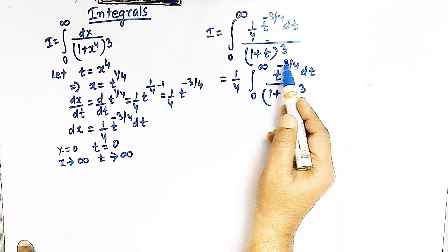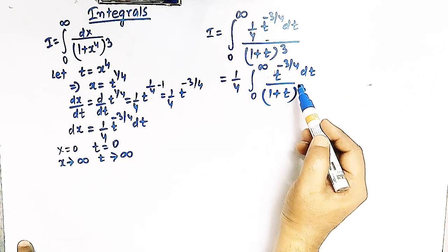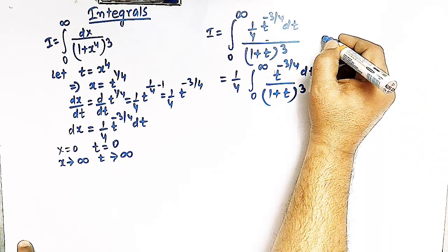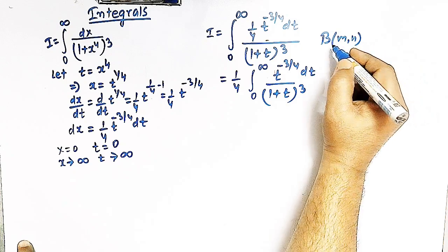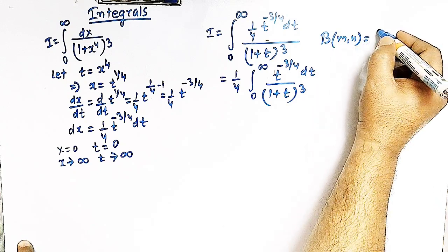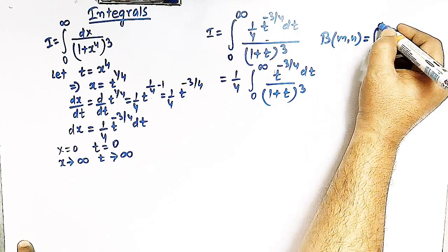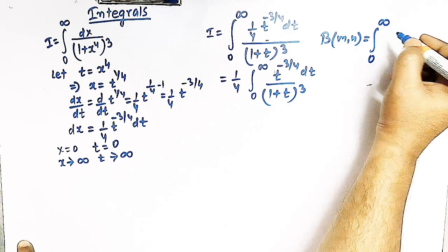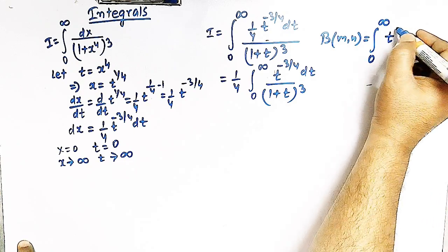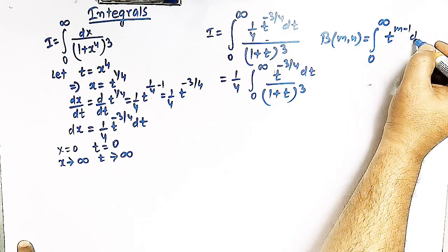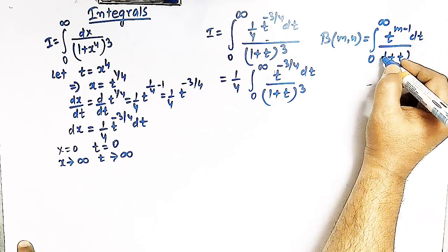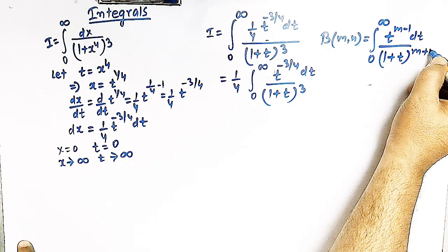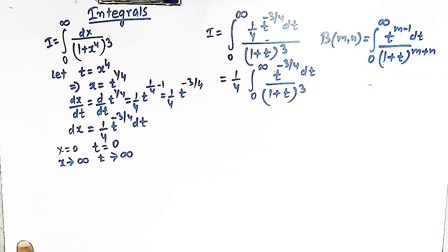So now let us try to write this integral into this form, that is beta function is defined as beta of m comma n, that is given by this integral from 0 to infinity of t raised to m minus 1 dt over (1 plus t) raised to m plus n, where m and n are greater than 0.